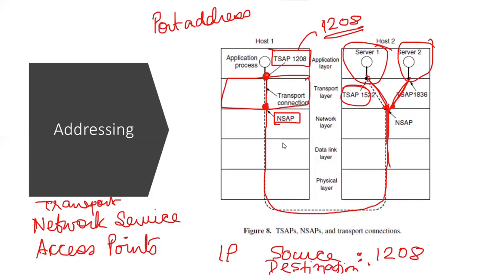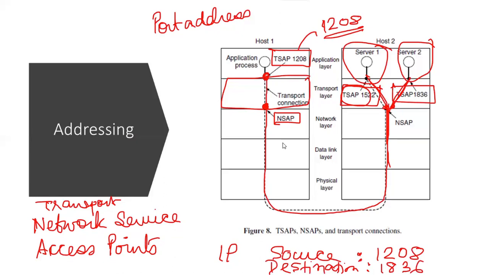At the destination SAP, suppose it is for server 2. Server 1 is running at TSAP 1522, and server 2 is running at TSAP 1836. If it is supposed to be for 1836, the destination would be given as 1836 in the data.